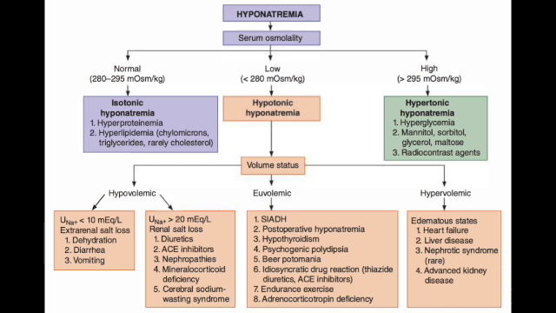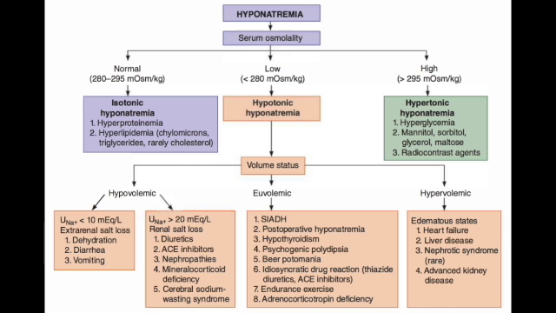For isovolemic hypotonic hyponatremia, the cause is SIADH most prominently. Also hypothyroidism, adrenal insufficiency, a reset to the hypothalamic osmostat, water intoxication, which is primary polydipsia, also beer potomania.